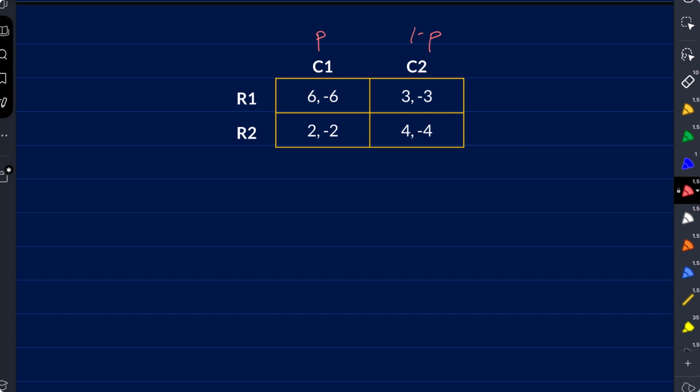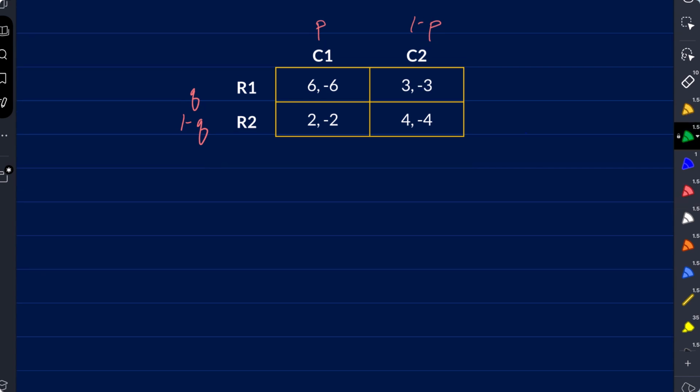Probability that player 2 plays C1 and the probability that player 2 plays C2. And then the same for R1 and R2. Probability that player 1 plays R1, call that probability Q. And the probability that player 1 plays R2, we'll call that probability 1 minus Q.